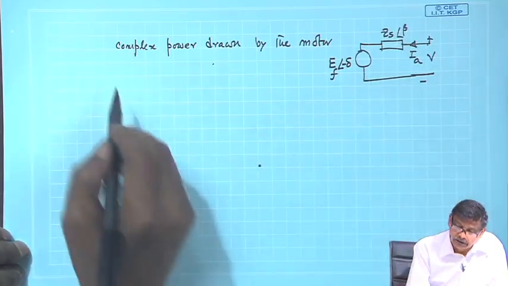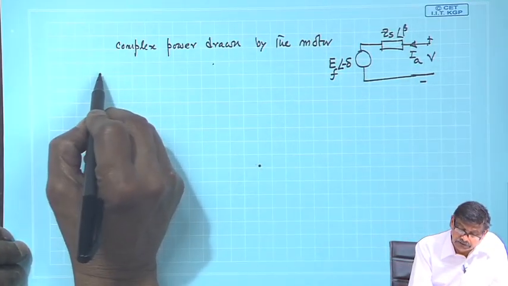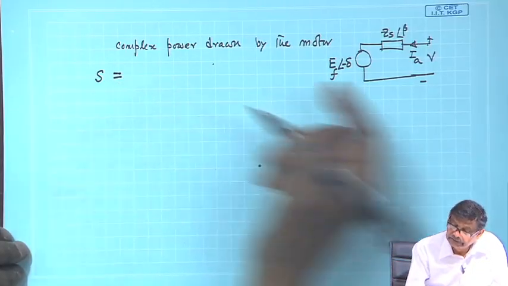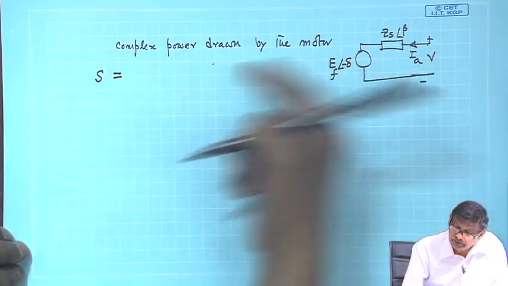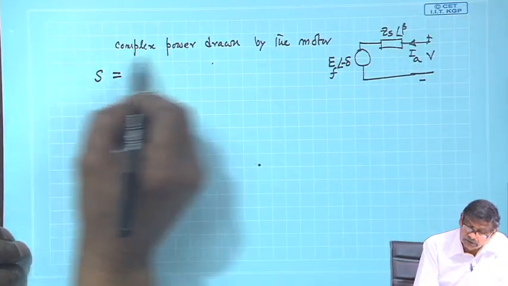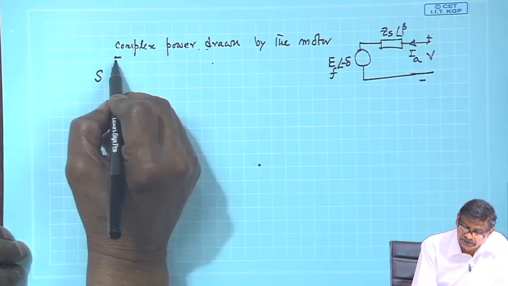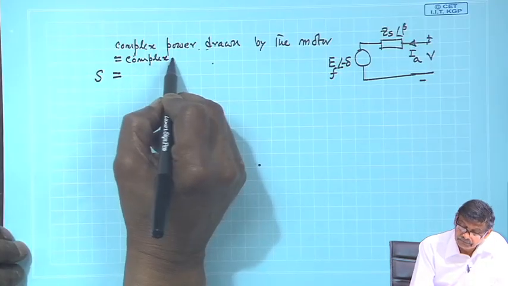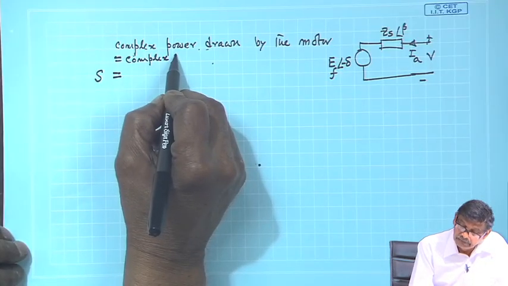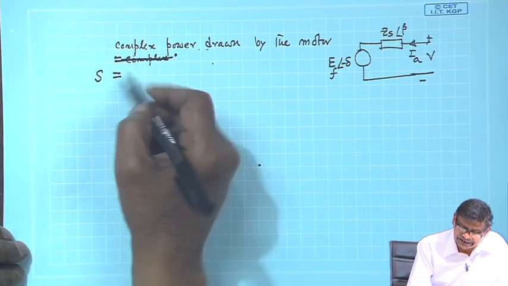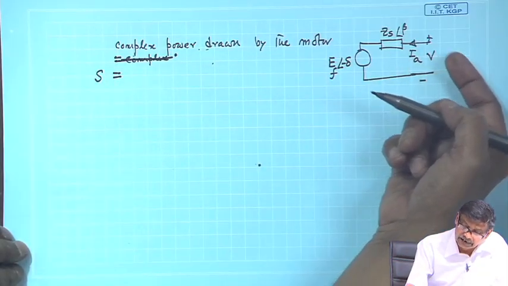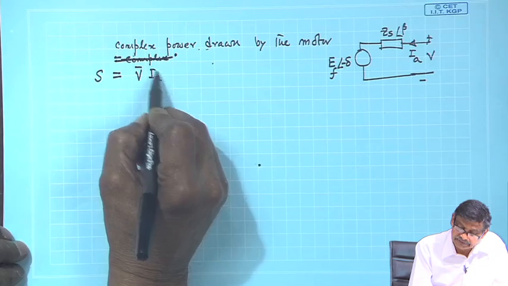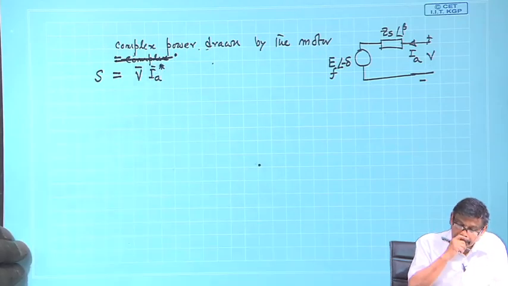Therefore, the complex power drawn by the motor, which is the complex power delivered by the source, will be equal to V I A star.